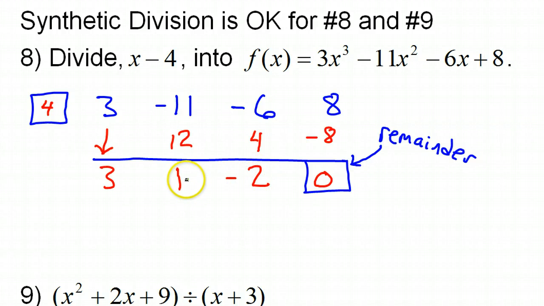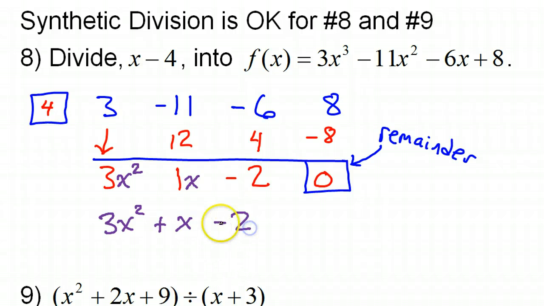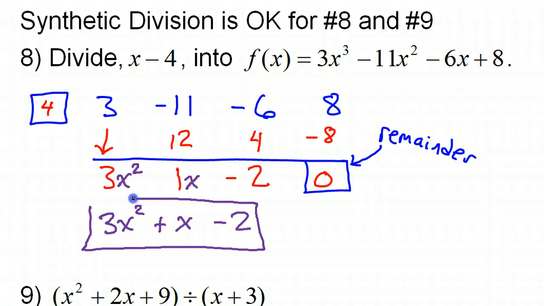If I go over one more term to the left, this is the linear term, and this is the quadratic term. So let's rewrite this as a normal trinomial. This makes 3x squared plus x minus 2. So this is the result that you get.